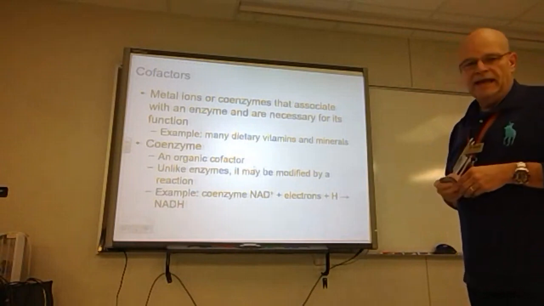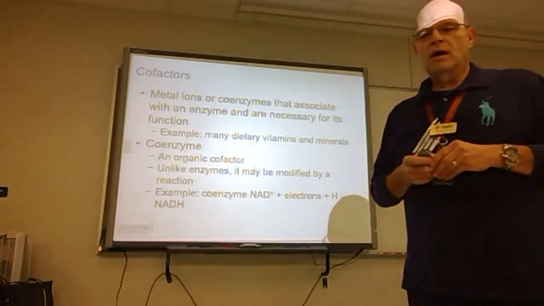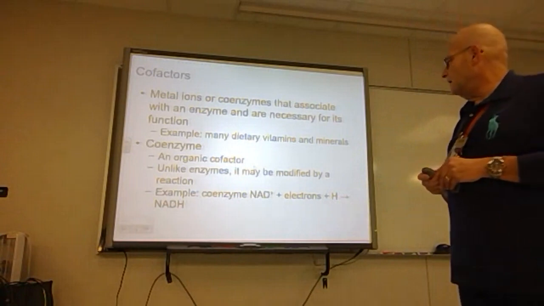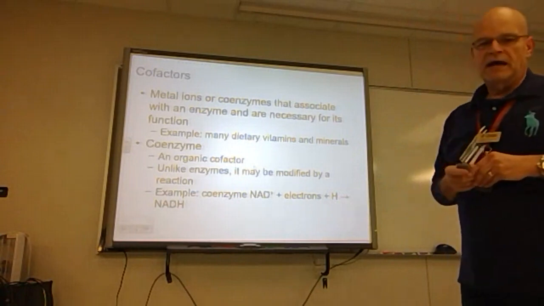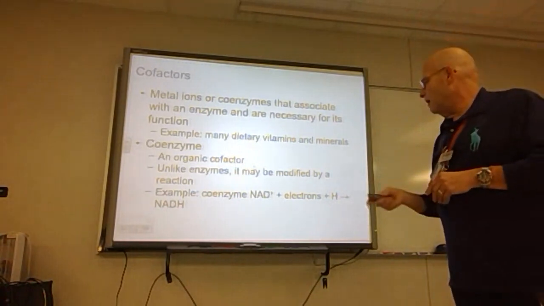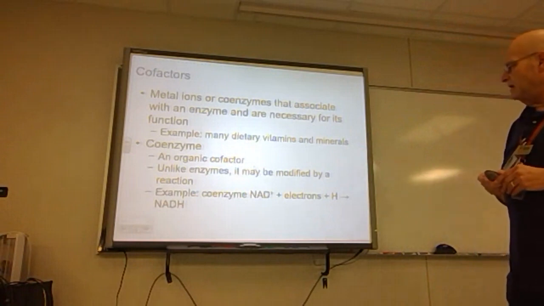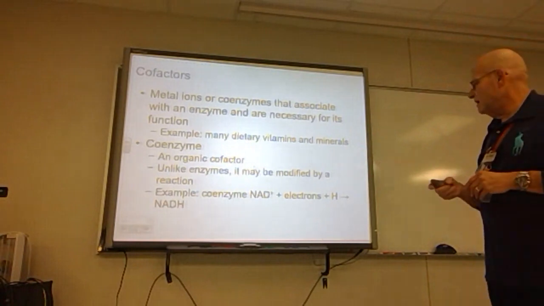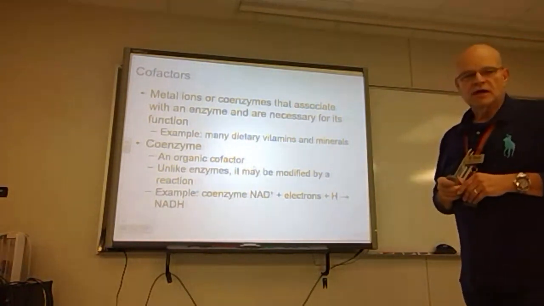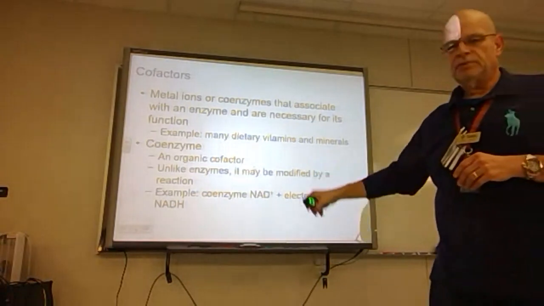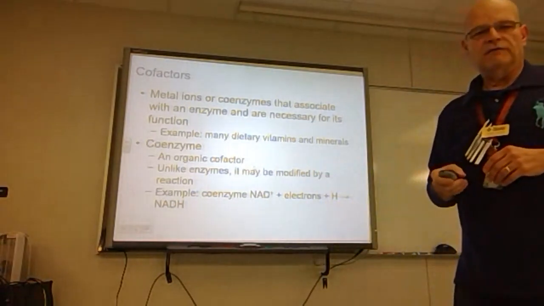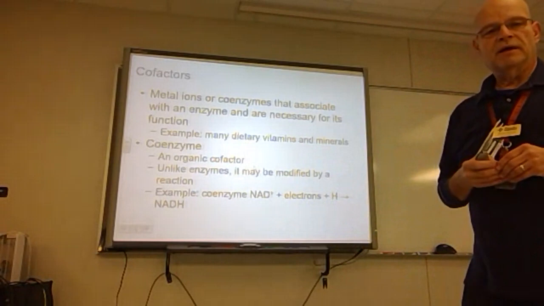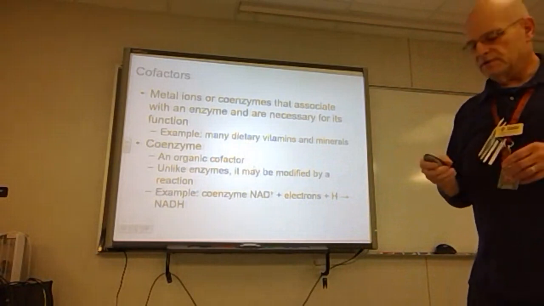Coenzymes are always organic, so keep that in mind. They can be modified by a reaction, and you have the coenzyme NAD+, and you add electrons, and you get NADH. We will talk much more about NAD+ and NADH in a future chapter when we start talking about cellular respiration.